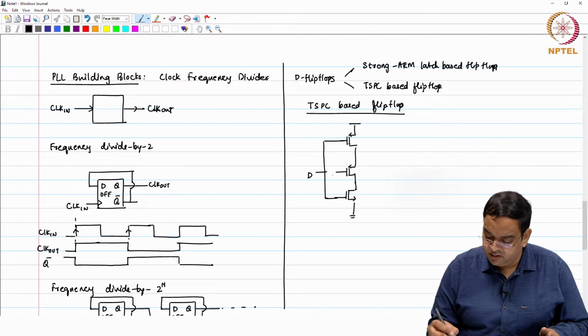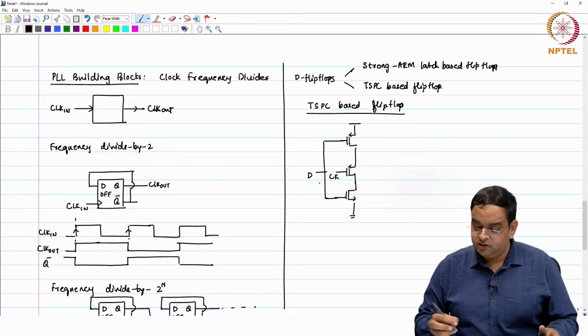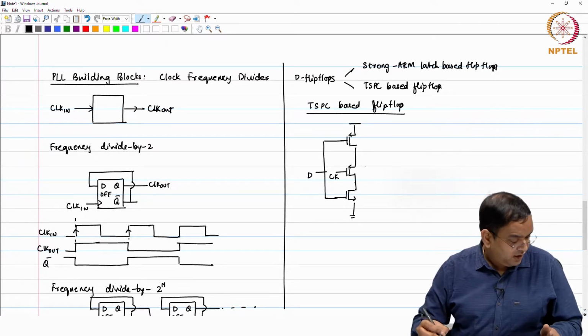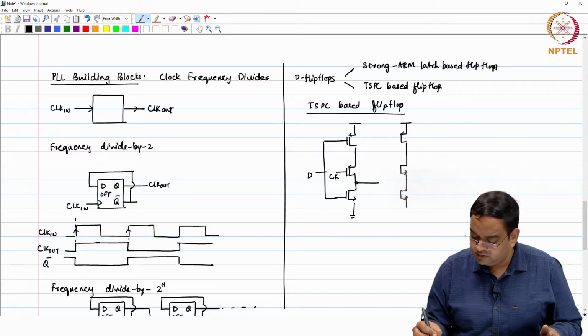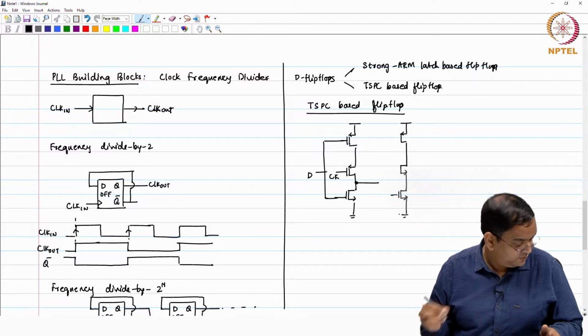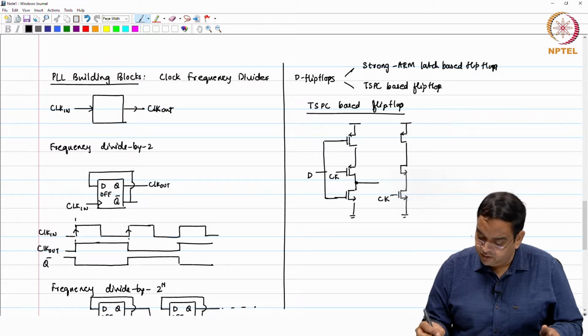Input is D, this is clock, CK here, and the output of this goes to another stage where the next two stages, these inverters are both N. You give clock here also and at this place, and the output goes there.